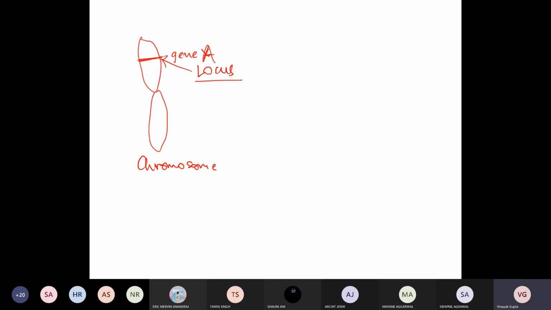Locus means the physical position on a chromosome where a particular gene is present. And what do we mean by the term gene? A gene is the segment of the DNA which is going to code for a particular protein, and ultimately it is responsible for a trait.